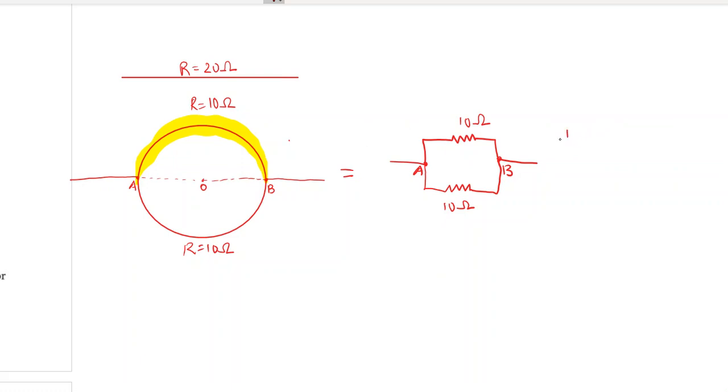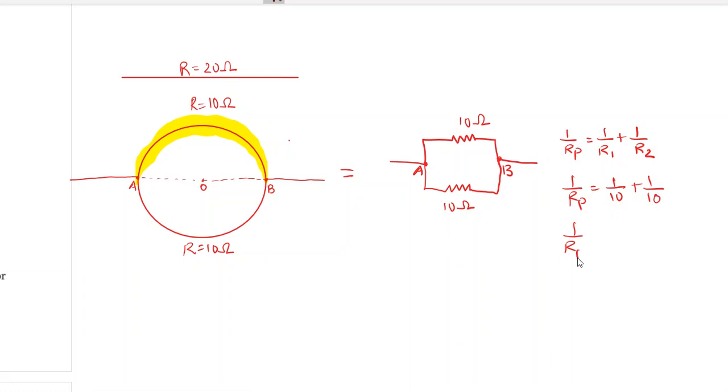So the equivalent resistance in parallel is equal to the sum of the reciprocals of the two individual resistances. So 1 upon Rp is equal to 1 upon 10 plus 1 upon 10.